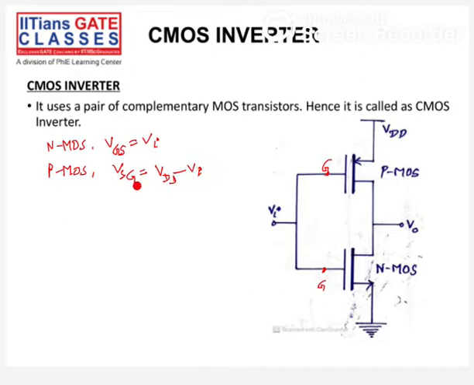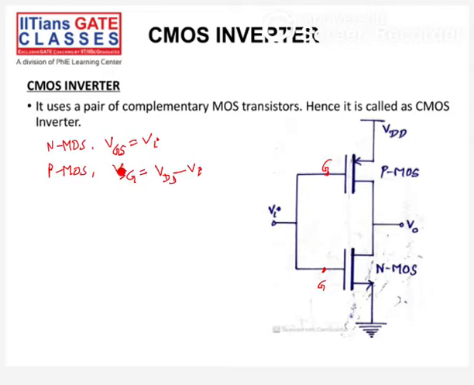So this is VSG. Whatever common terminal is there, with respect to that common terminal we consider voltage. Like here source is the common terminal, so we consider VGS, and here gate is the common terminal, that is why we consider VSG.